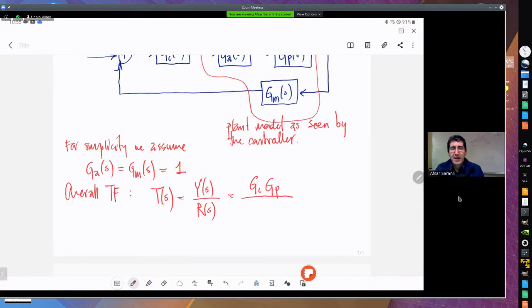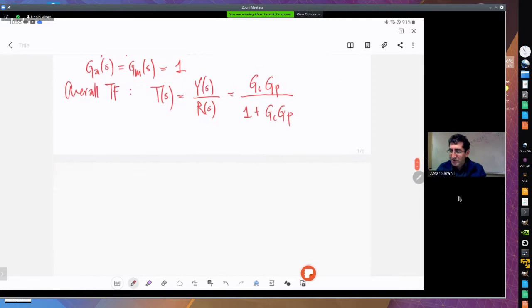I'm going to do some calculations, so I don't want to write S every time. So please assume that the S dependence is there. This is something that you know from 302 and 407. This is something that we use all the time. The overall transfer function in terms of what is in the control loop.